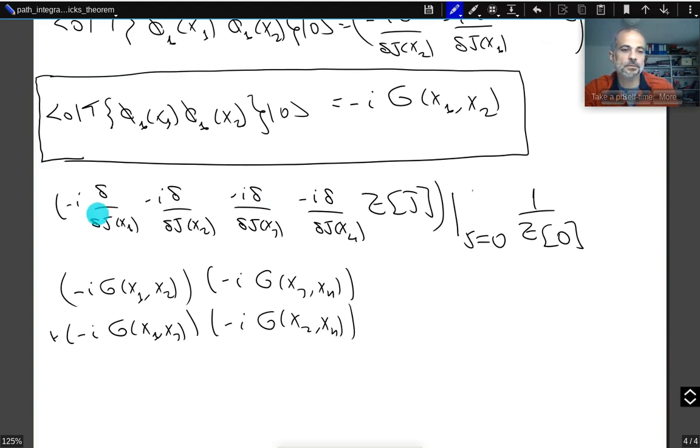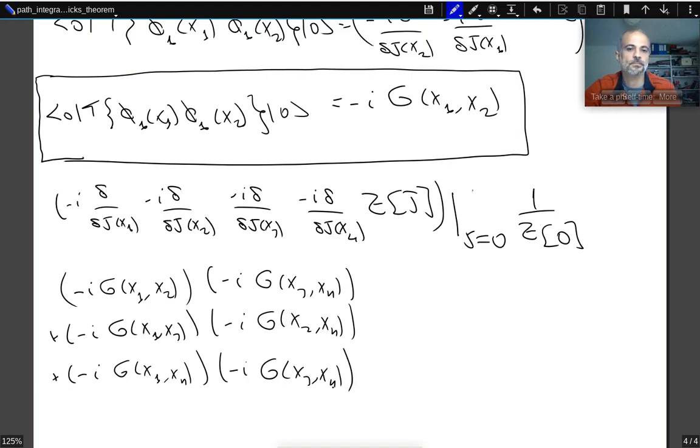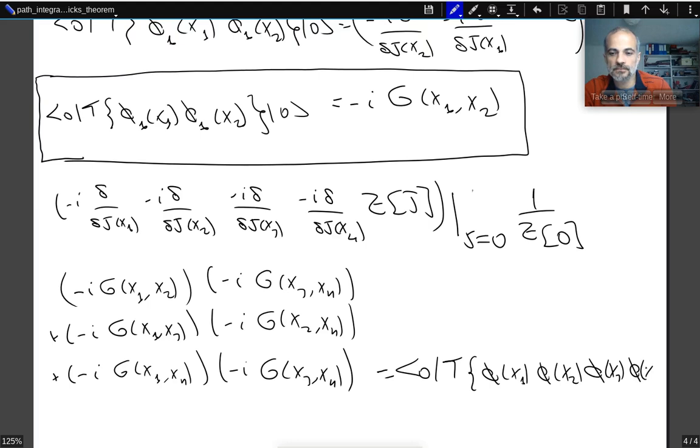Or it might be possible that for the x1 and x4 derivatives, one of them brings the exponent down to the front, the other one just cancels the J inside, and that will be a factor, with minus i G of x3 and x4. So this will be equal to the time ordered product of phi of x1, phi of x2, phi of x3, phi of x4.